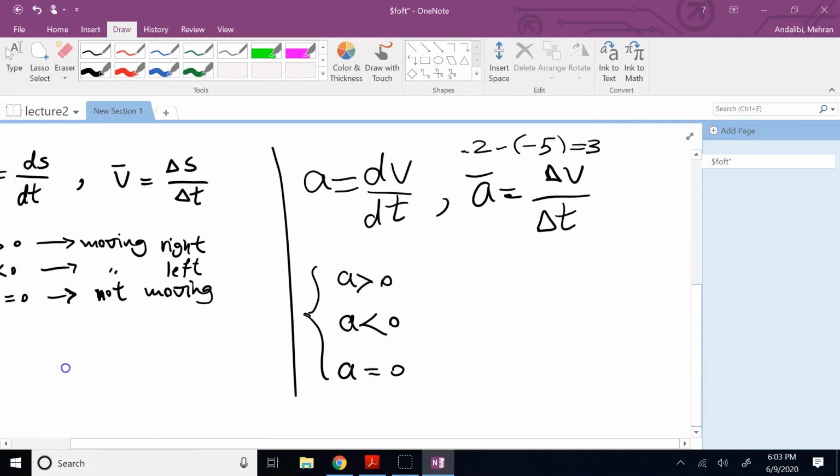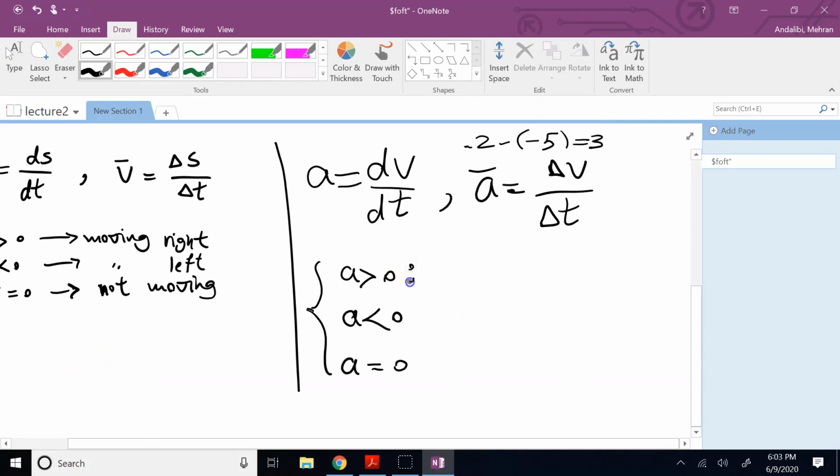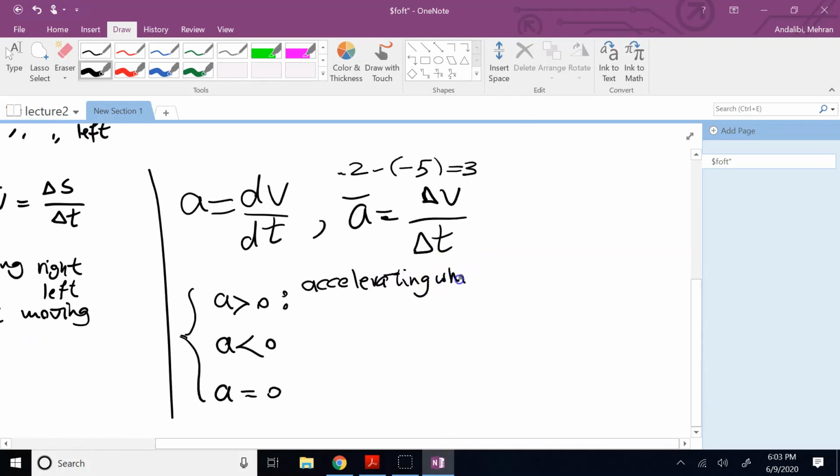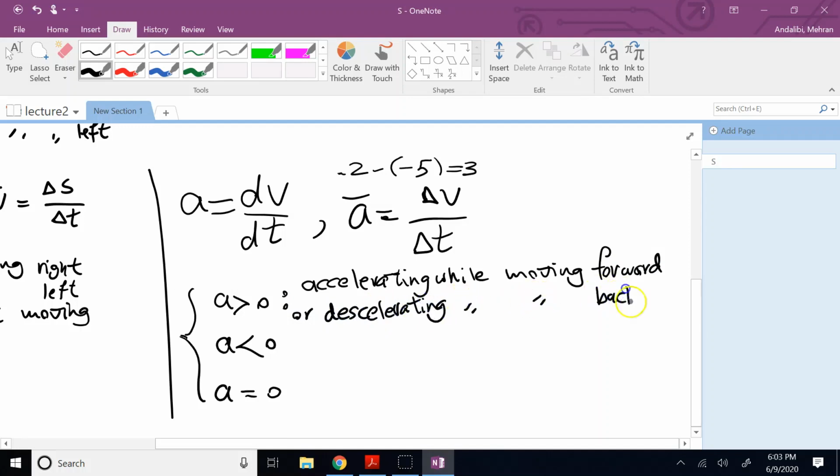So what is positive acceleration in this case? It means basically accelerating while moving forward or in the positive direction, or decelerating while moving backwards.